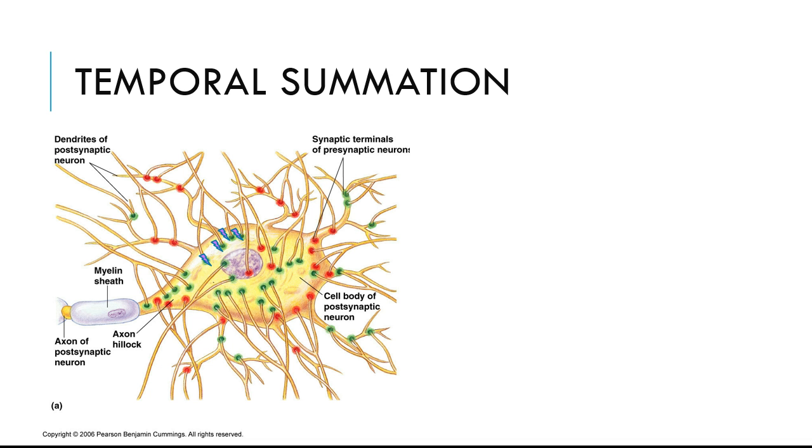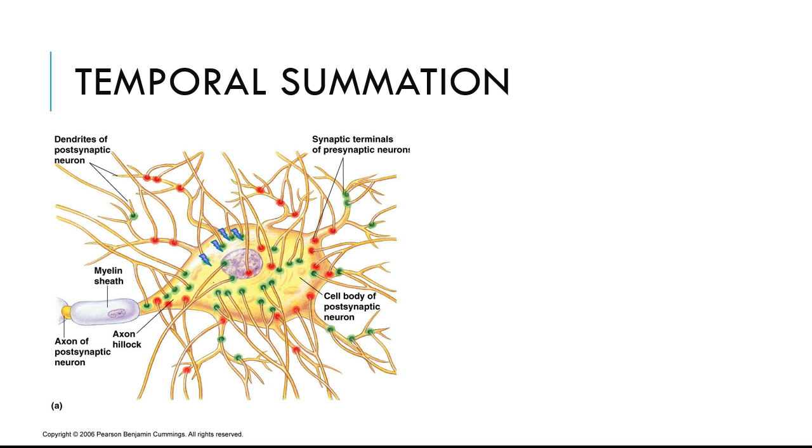Before the cell gets back to rest, it's going to receive more excitatory neurotransmitter, which is going to continue to depolarize it. If I release it again, it's going to continue to depolarize and probably get to what?